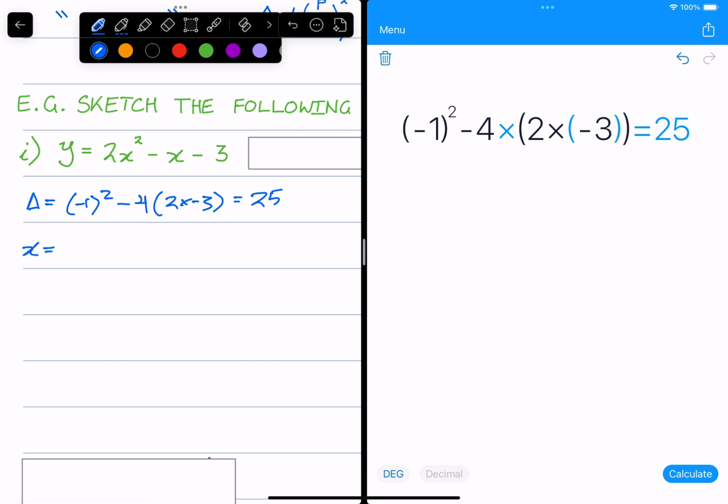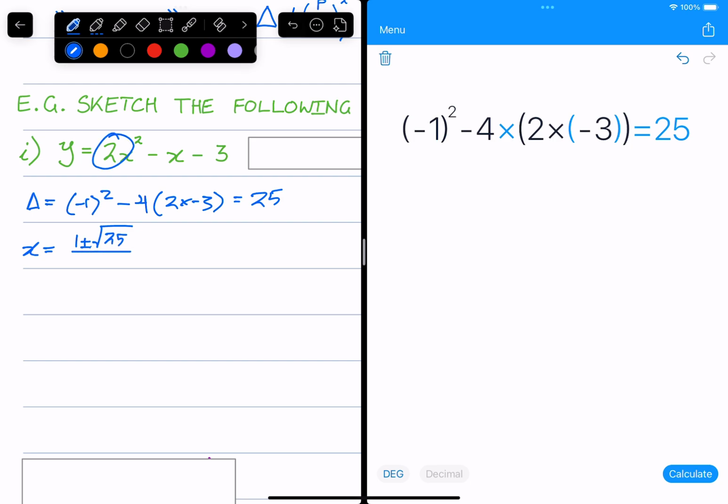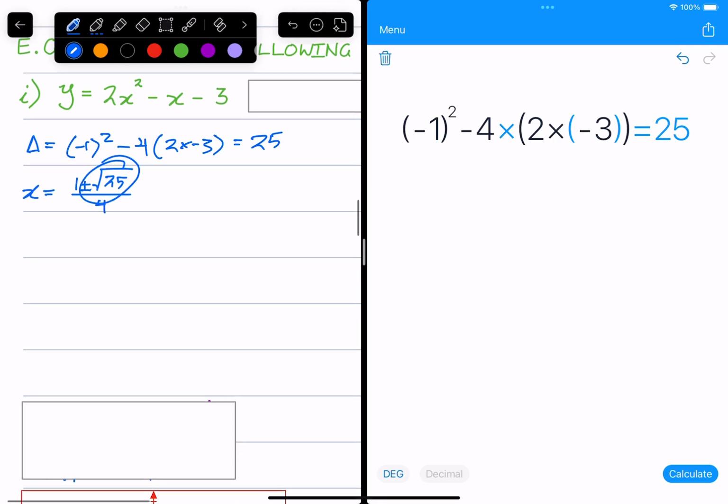So now let's do this using the quadratic formula. Negative b, so minus 1, it's positive 1, plus minus square root. And remember, delta sits underneath this square root. We've already calculated it to be 25. So placing 25 here, all over 2a, so 2 times 2 is 4. Notice how the square root of 25 is 5.